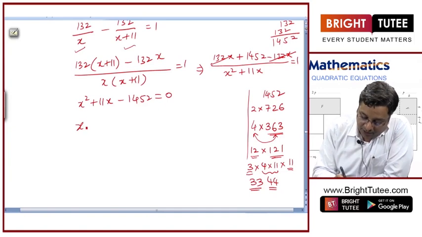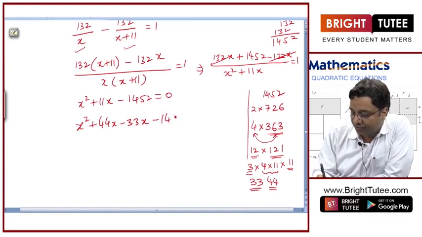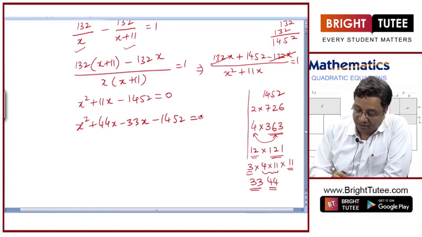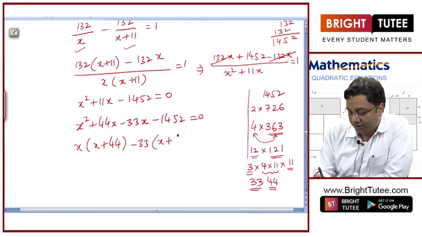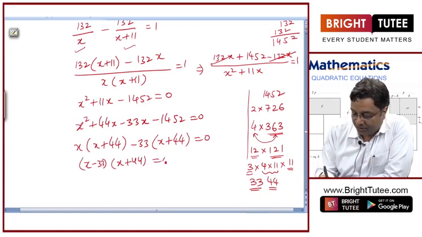x square plus 44x minus 33x minus 1452 is equal to 0, right? So I can take x common, x plus 44, minus 33 common, x plus 44 equals 0. So it will give me x minus 33, x plus 44 equal to 0.